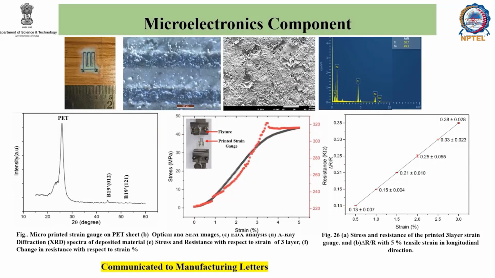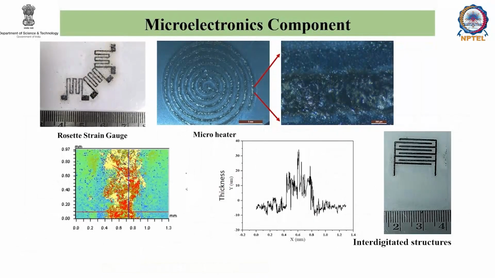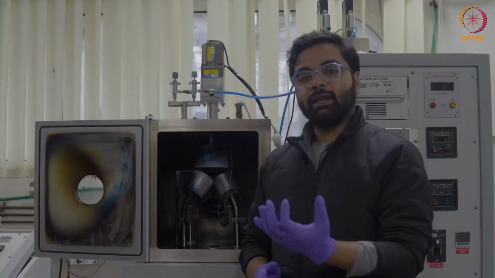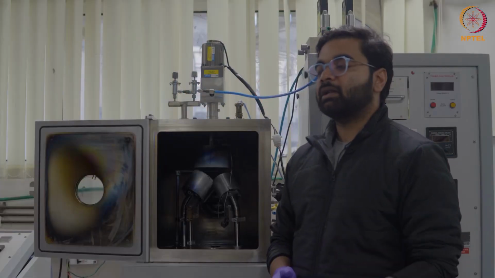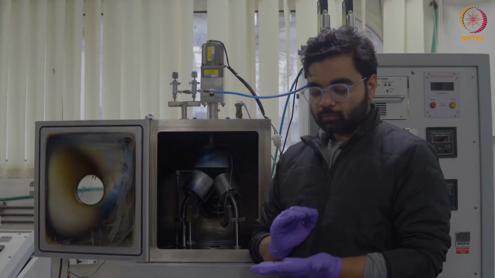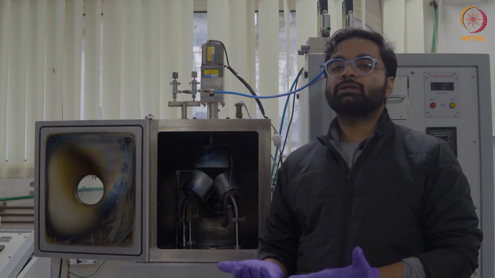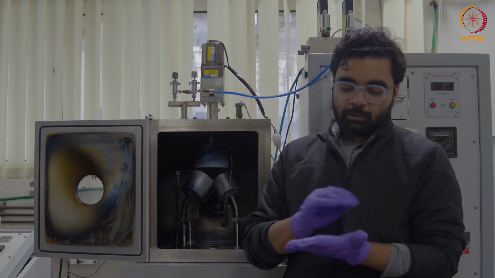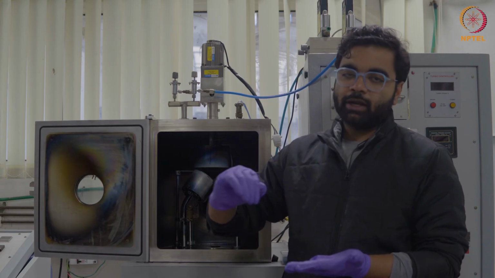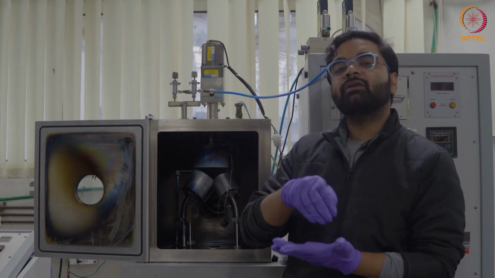There is also one more thing that we are tapping into. Normally in the microelectronics that people have been working towards, the conventional process forms a PCB, and that PCB is put under utilization. But at times the material that is being joined gets damaged in between.